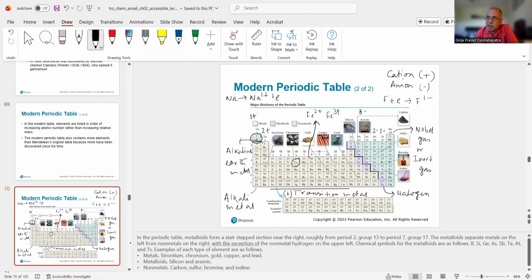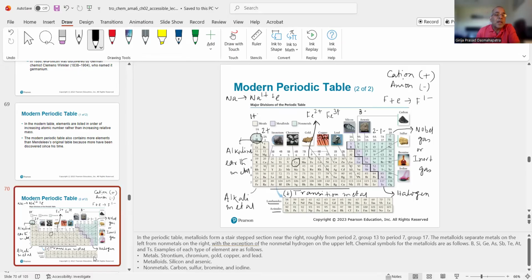So there will be individual differences, but there will be some similarities among those elements that belong to a particular group. We will talk about the variation of the individual properties, the periodic trend of the properties of the elements, in chapter 9. But for the time being, the information we discussed is very useful for this particular chapter.